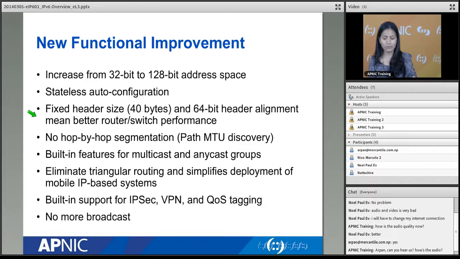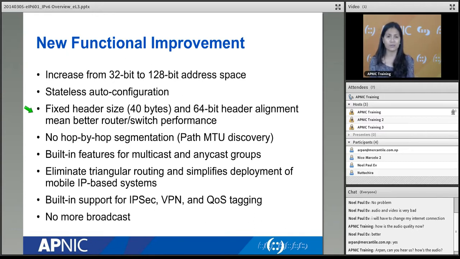Now IPv4 itself has 20 bytes, but this is not fixed size, meaning it can change. It can increase depending on the options that are added. But IPv6 is fixed size, meaning that your router does not have to do some extra calculations just to find out the size of your headers.